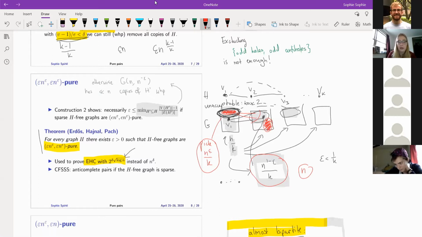And in order to make sure that you still have plenty of choices for the remaining candidates, you need to have lots of neighbors and non-neighbors in the appropriate boxes. But if you don't, then you have a big subset of a box that either doesn't have very many neighbors or doesn't have very many non-neighbors in one of the other boxes, so you can just greedily pick out a pure pair.